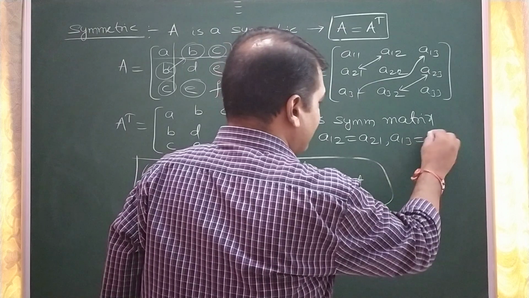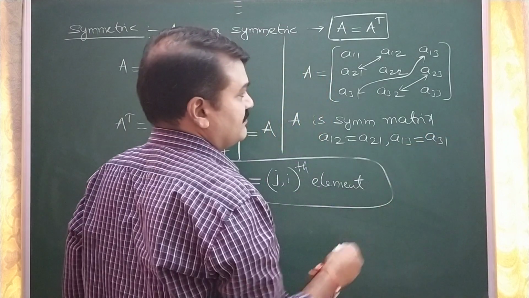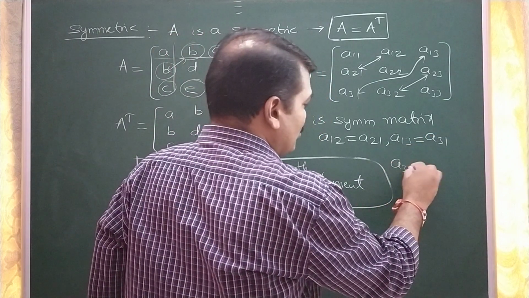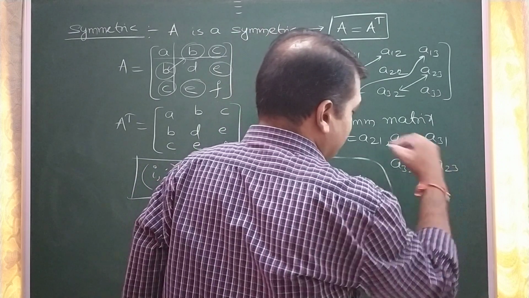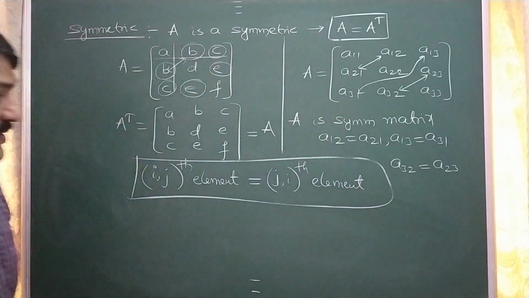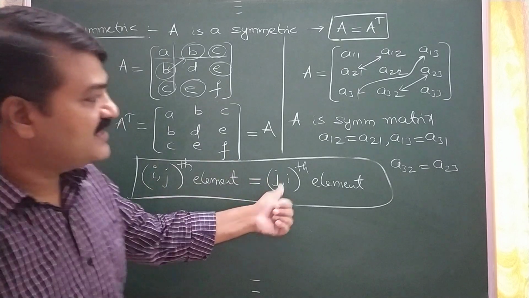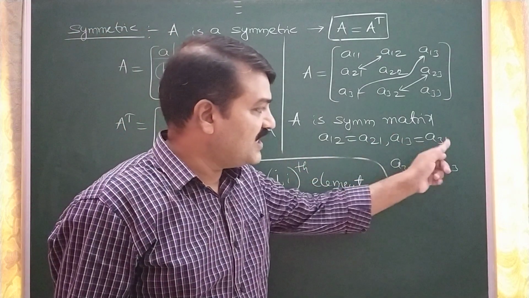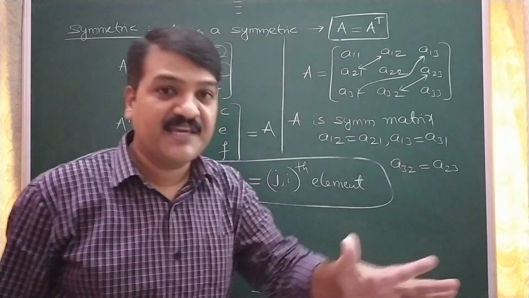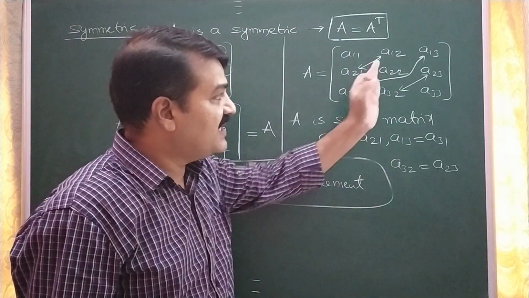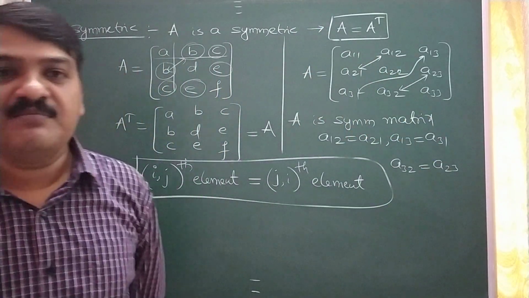A13 must be same as A31. A32 must be same as A23. So ijth element must be same as jith element. A12, A21, A13, A31, A32, A23 must be same. Then automatically the matrix becomes a symmetric matrix.